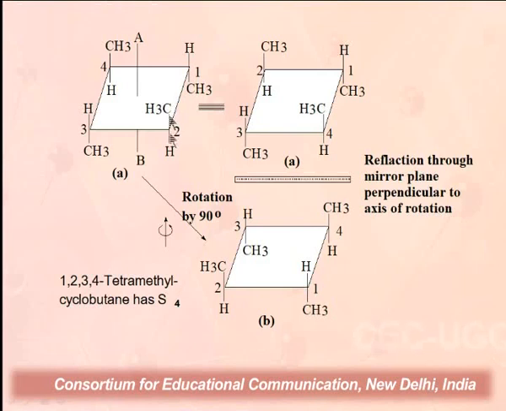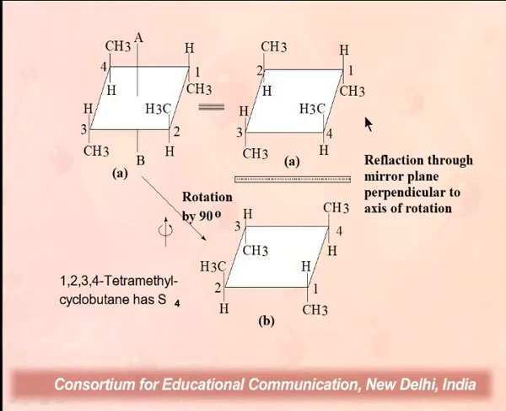Now what we have to do is, after rotating it by 90 degrees on this axis, we will place a mirror here which is perpendicular to the axis. This is the axis of rotation, and we've placed the mirror here, at 90 degrees to it.